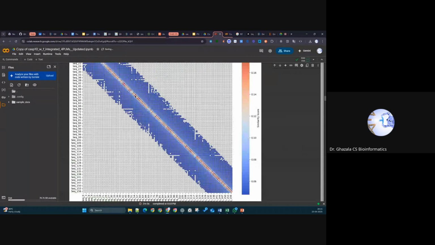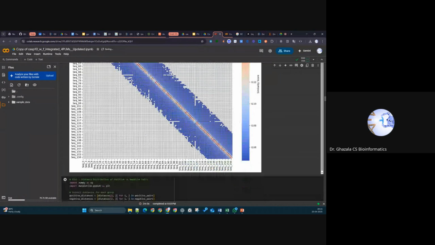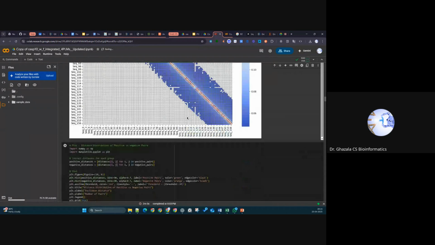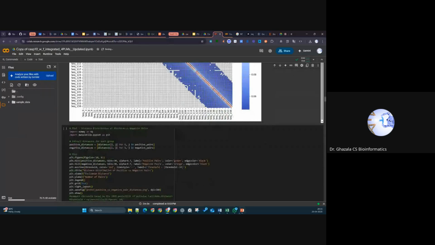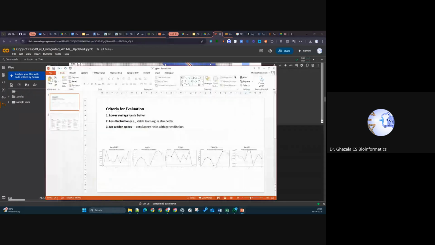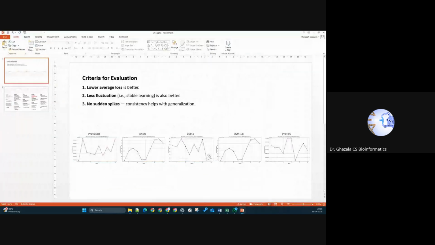Yes, and also when we are comparing the results between different models, like the PLM models that we have used, these types of figures will be very useful. I also tried making it in the plot, but here I tried to generate all the contrastive loss figures that we generated, so that we can compare the loss graphs.